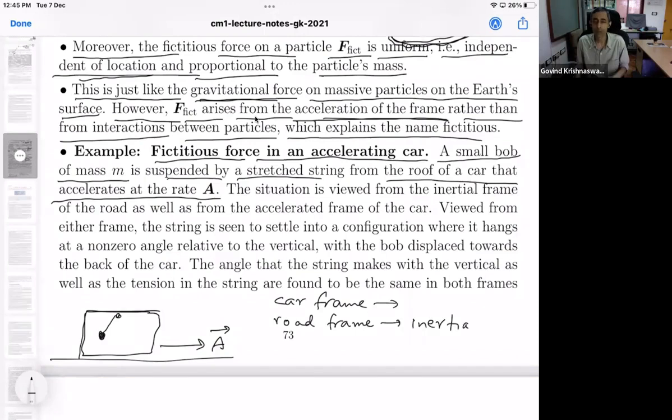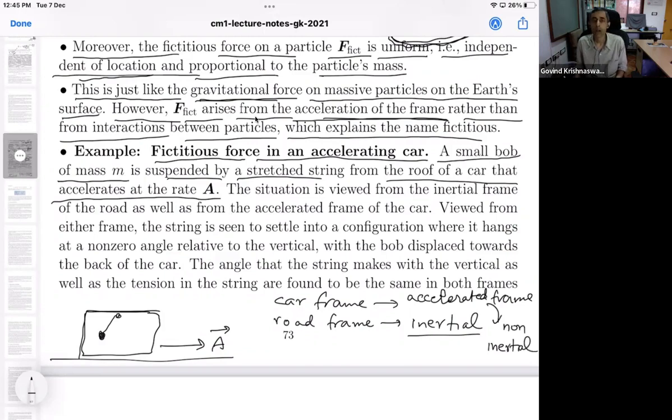For many purposes, we are going to ignore the effects of the rotation of the Earth and so on. So within that context, the road frame will be regarded as inertial. Now the car frame is an accelerated frame, so that is a non-inertial frame.